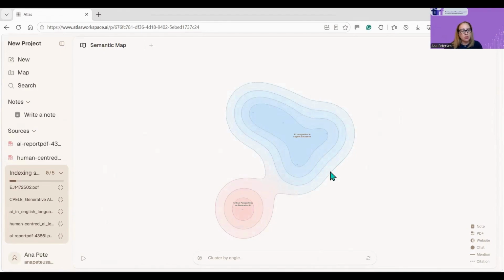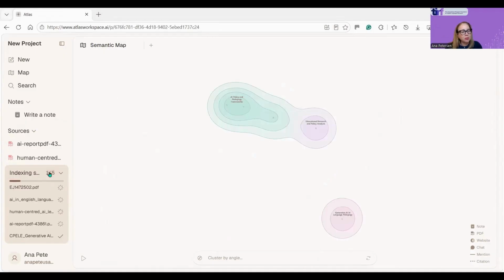What does Atlas Workspace do for me? You can see that the papers I selected are now 5 different papers, 1, 2, 3, 4, 5, and they are all being uploaded here. While it is being uploaded, it is mapping their correlation. So how are these papers related?